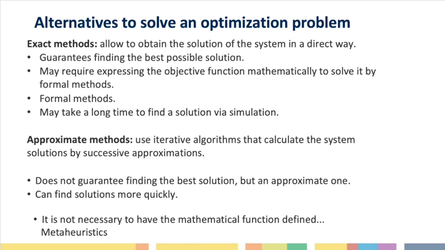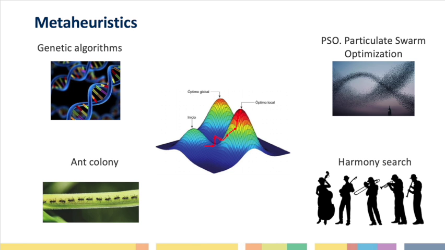And to do so, the algorithm works with different approaches, and one of them is known as meta-heuristics. Meta-heuristics are abstractions of real events that are turned into algorithms which want to solve an optimization problem.